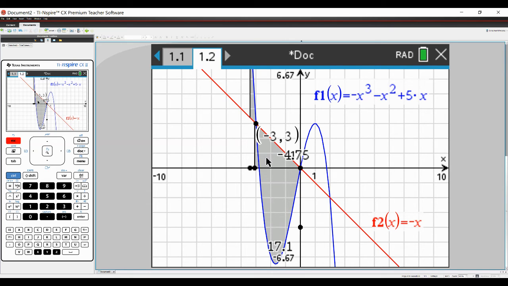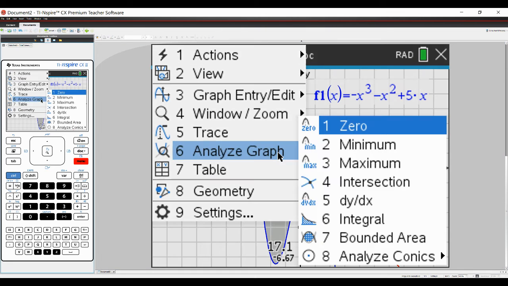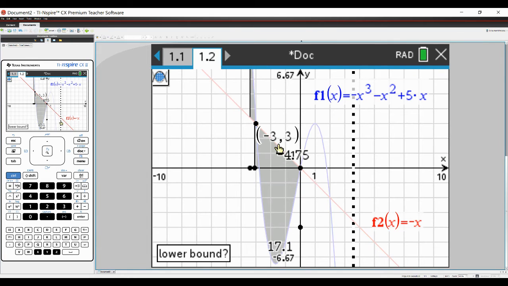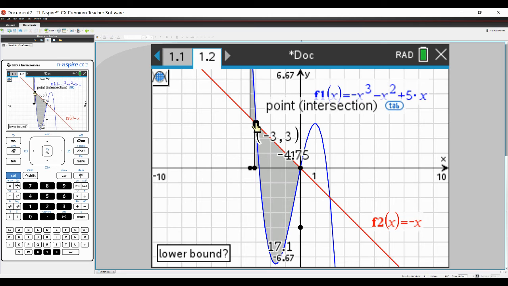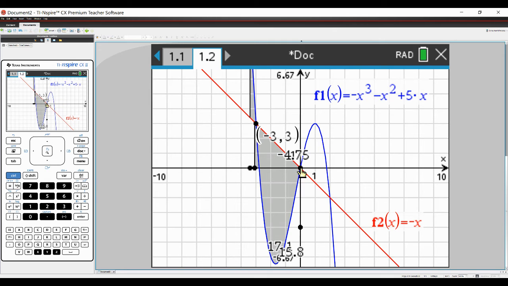I picked the wrong thing. Sorry, guys, bear with me. I have not tried using this. Bounded area. Lower bound. Intersection. 15.8.